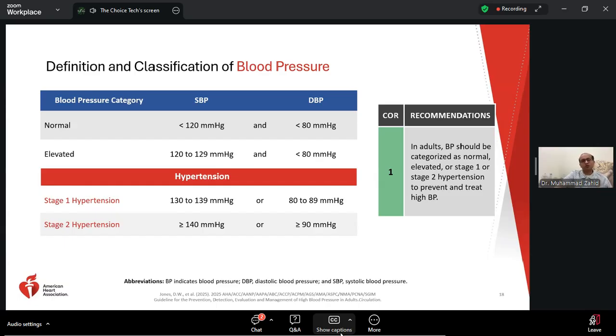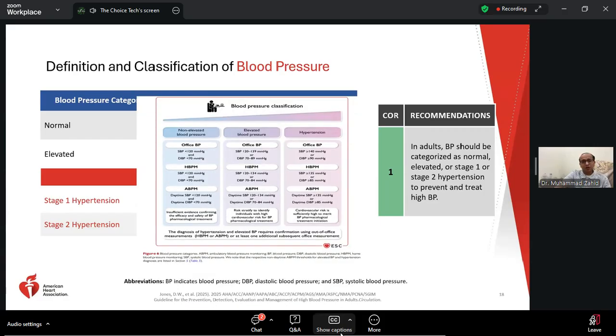And as we go up, stage 2 and stage 3. So ideally, we would like the blood pressure to be less than 120. And with the new AHA guidelines, the threshold to start treatment is slightly different, so I'll allude to that.